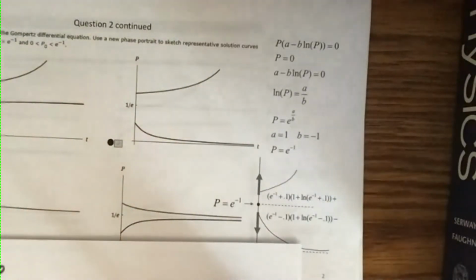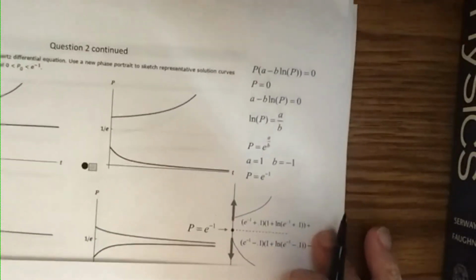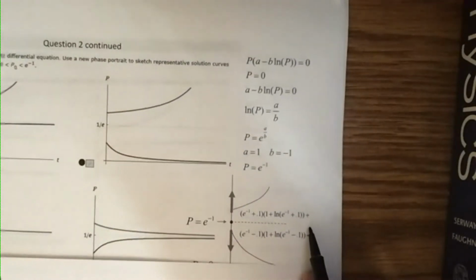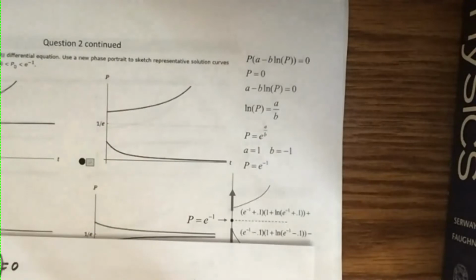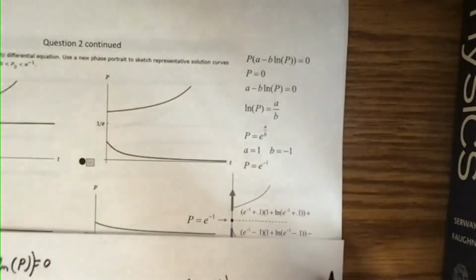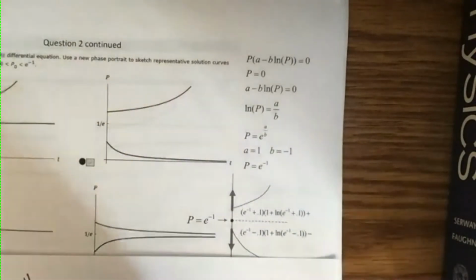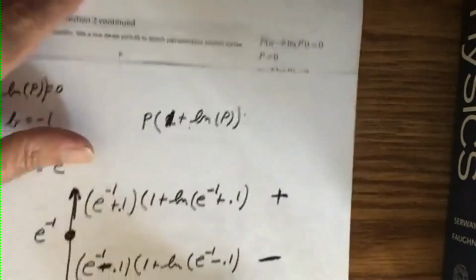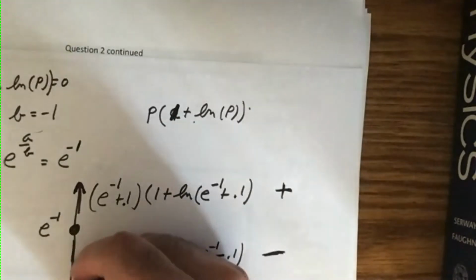So this turns out to be plus, right? This turns out to be plus when we put it into a calculator, and this turns out to be minus. And so that means that when I have a plus sign, right, I draw my arrow going up, and here I draw the arrow going down.